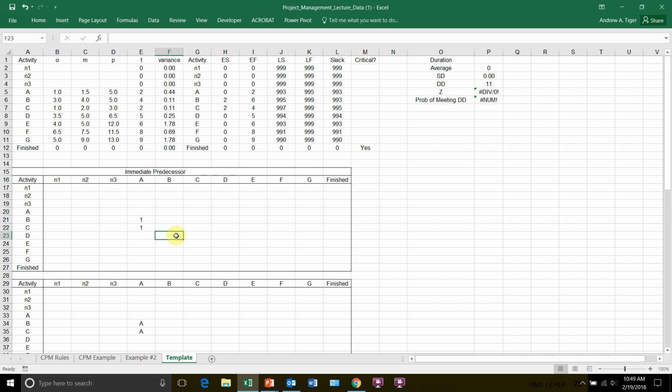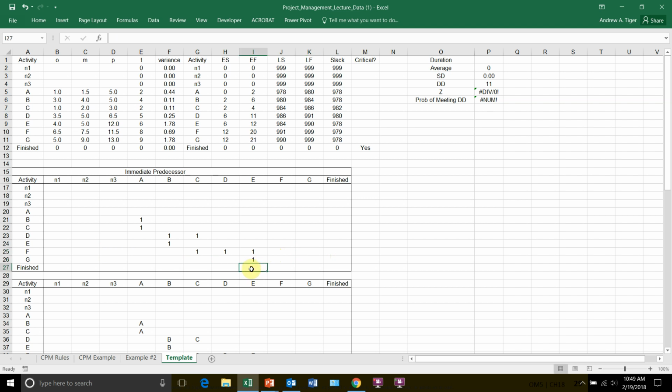Activity D has B and C. Activity E has B. Activity F has C, D, and E. Activity G has E.